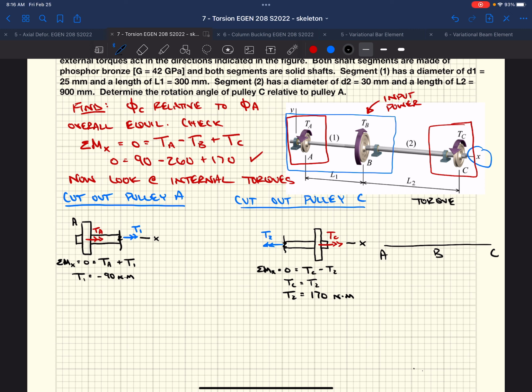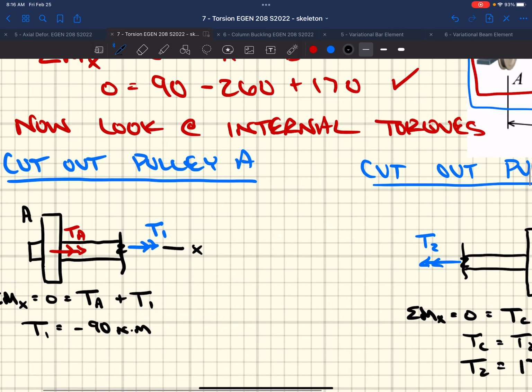Well, based on our calculations on this free body diagram, T1 is actually pointing in the other direction. And if its actual direction is to the left, it's pointing towards the surface of this shaft. Everywhere we cut the shaft from the pulley at A to the pulley at B, the vector arrow in that shaft is pointing towards the end of the shaft. If it's pointing towards the end of the shaft, then this is considered a negative torque.